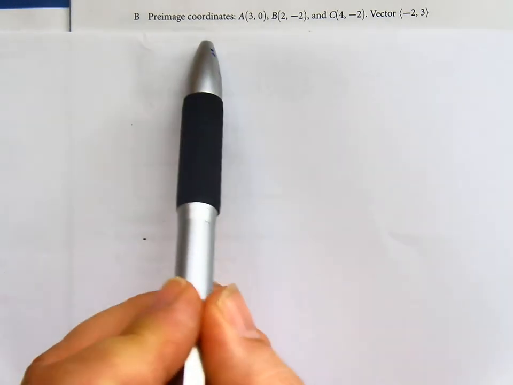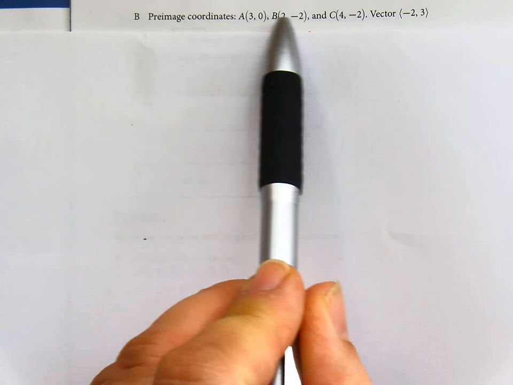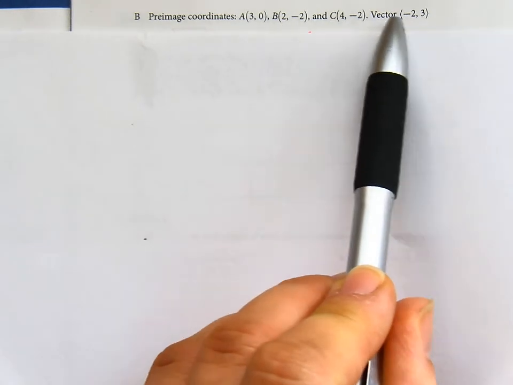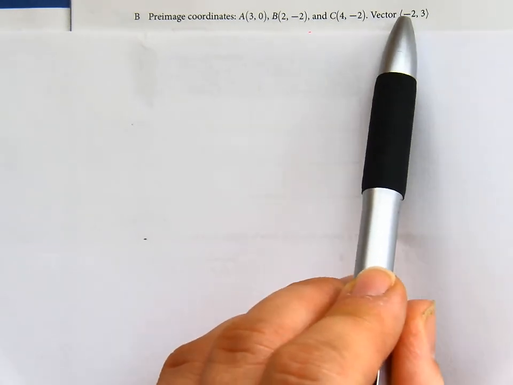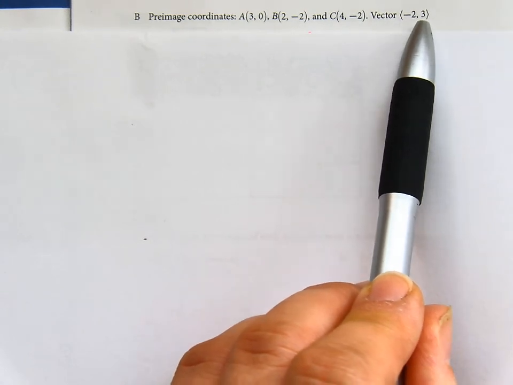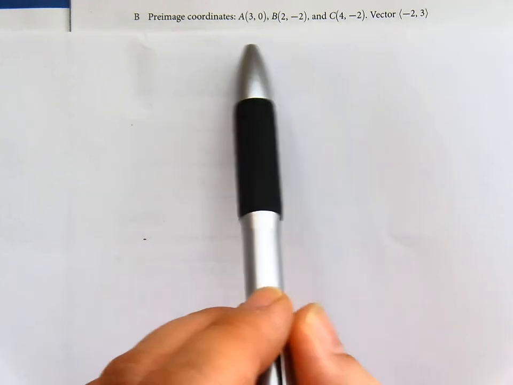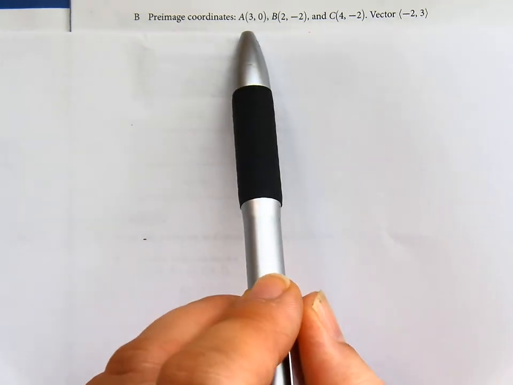Next, example B. We are given the pre-image coordinates for A, B, C, and we have our vector. Remember, this is a and this is b, and this is what we're going to add to our x's, and even if we're adding a negative, we're still adding it to our x's, and adding b to our y values. Then make a prediction as to what quadrant it's going to be in.